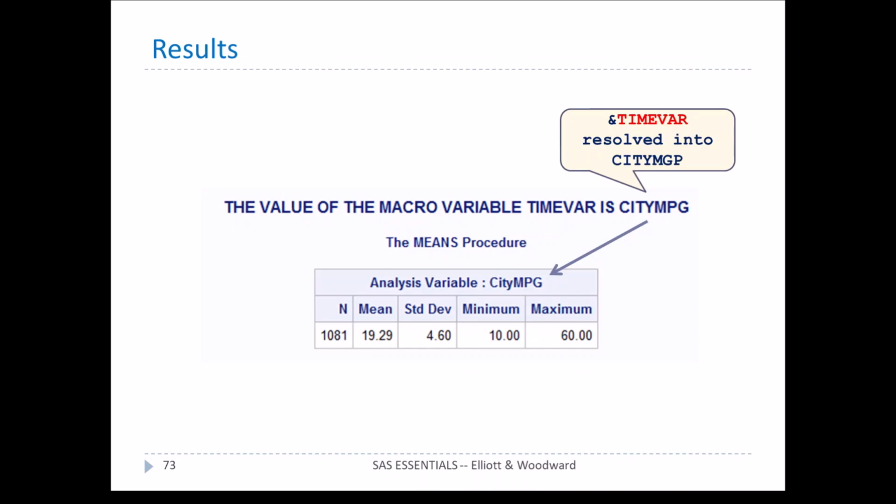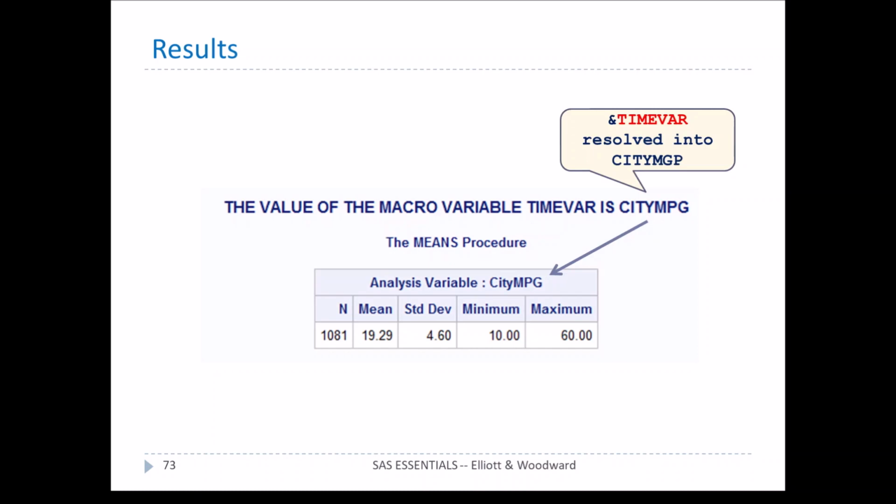So I see now I have an analysis variable, and notice here that timeVar resolved to city MPG, and so I have the analysis variable of city MPG on this data set. It gives me the means and other things. So again, I was able to piece together some pieces of information and resolve it into something that allowed me to do an analysis like I wanted to.